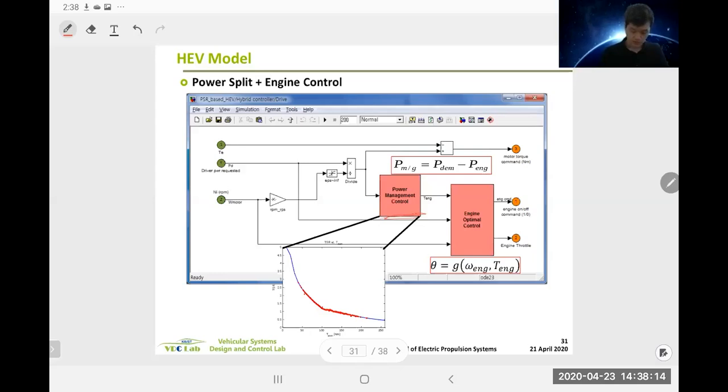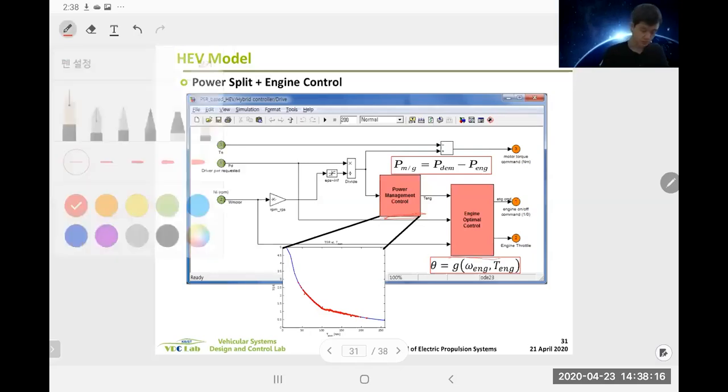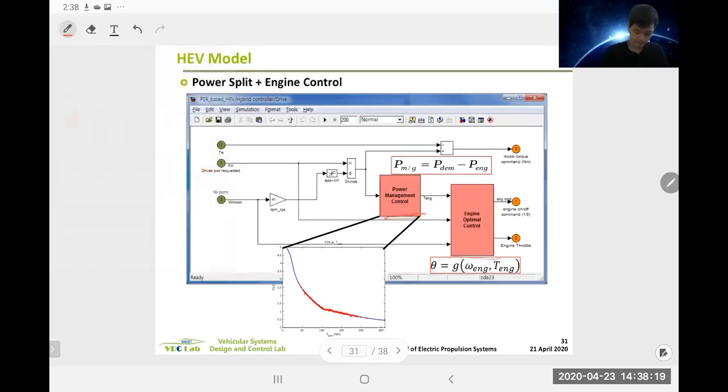The other one is engine optimal control. And the input to this driving module is these three: engine torque, power demand, and then transmission input speed.